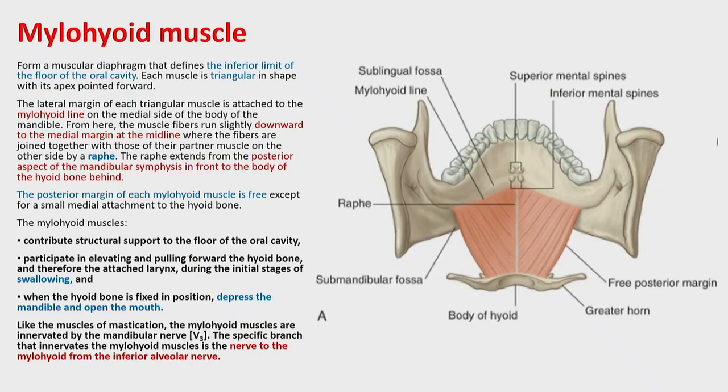This mylohyoid muscle is also a suprahyoid muscle, which is the next chapter, a short chapter that hopefully we finish today. As we mentioned, the muscle comes from the mylohyoid line and goes downward to the hyoid bone.